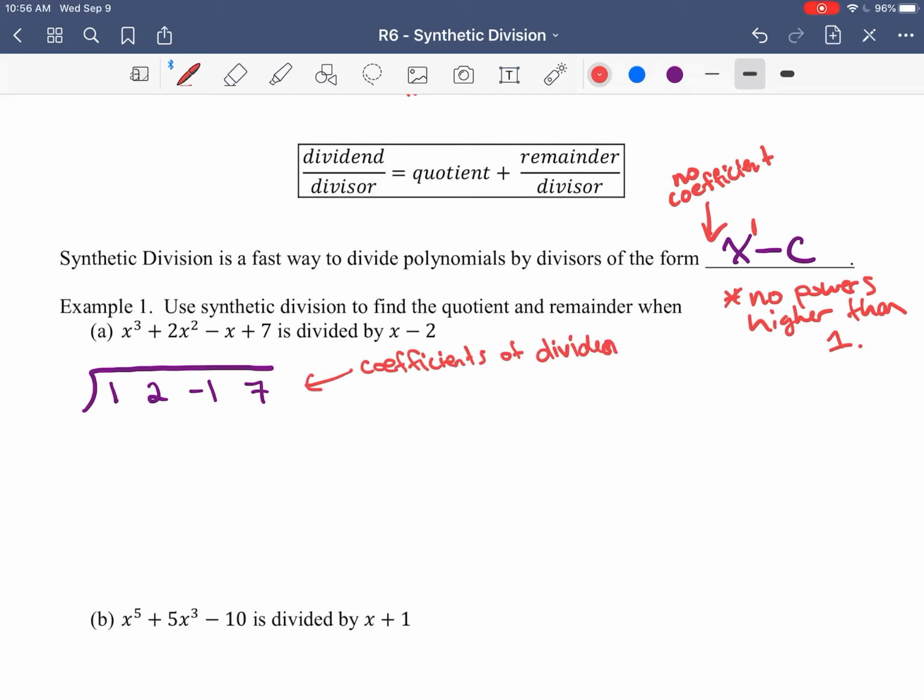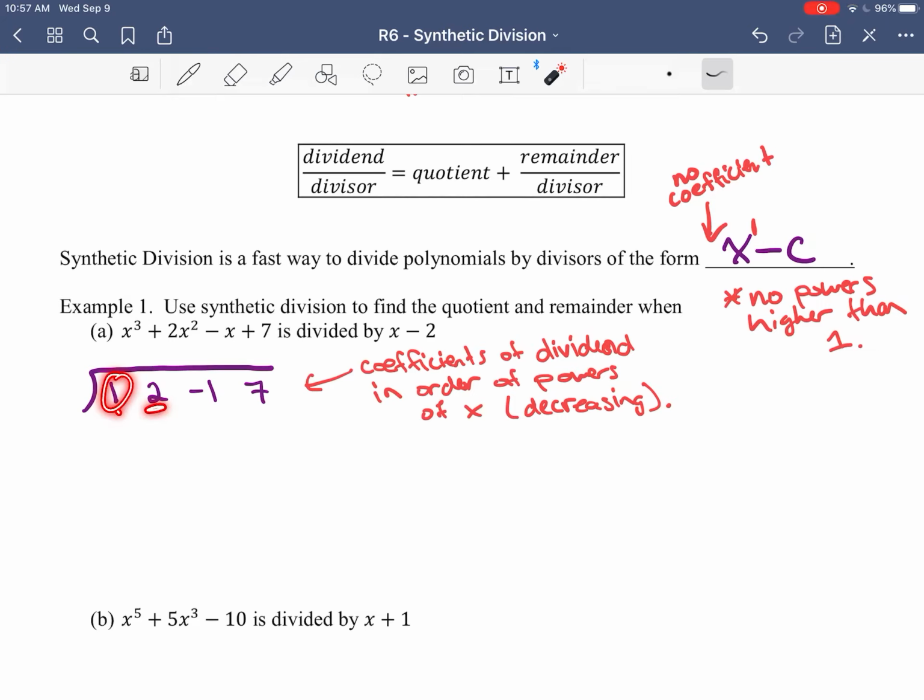Because we're not writing the powers of the x's, you want to make sure that you write them in the right order, in order of decreasing powers of x. This was x cubed, x squared, x, and then the constant.